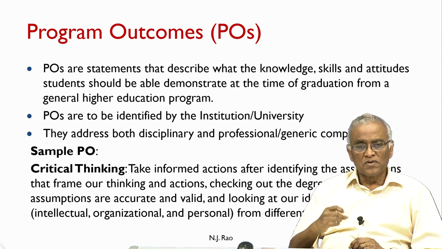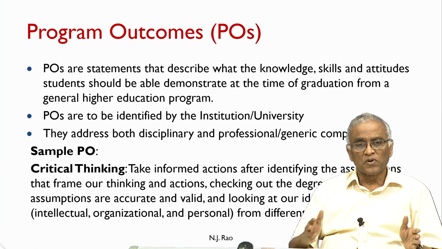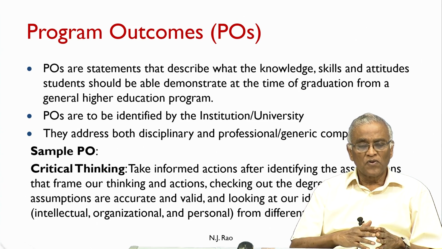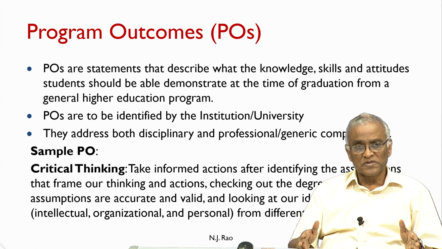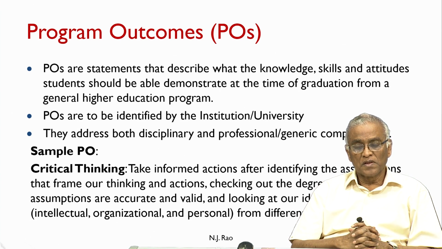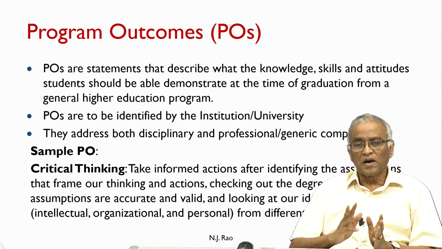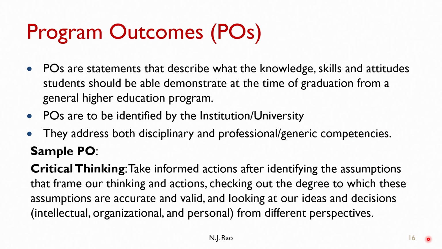For example, an autonomous institution may be offering some 20 undergraduate programs. Graduates of all the 20 undergraduate programs should attain these program outcomes. They are discipline agnostic, or what we otherwise call professional and generic competencies. That is what we call them.